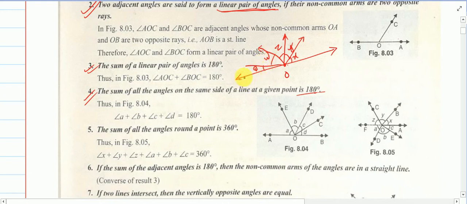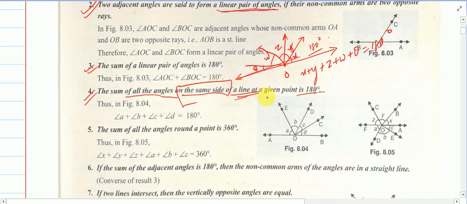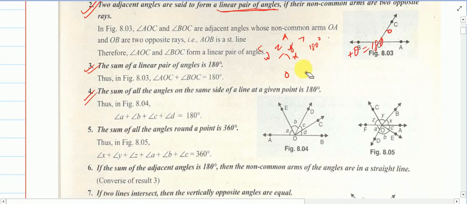So you can see this is a straight line, and all these angles are on one side of this straight line. So the sum of all the angles will be 180. That means x plus y plus z plus w plus theta will be 180. So the sum of all angles on the same side of a straight line at a given point will be 180 degrees. This is clear.